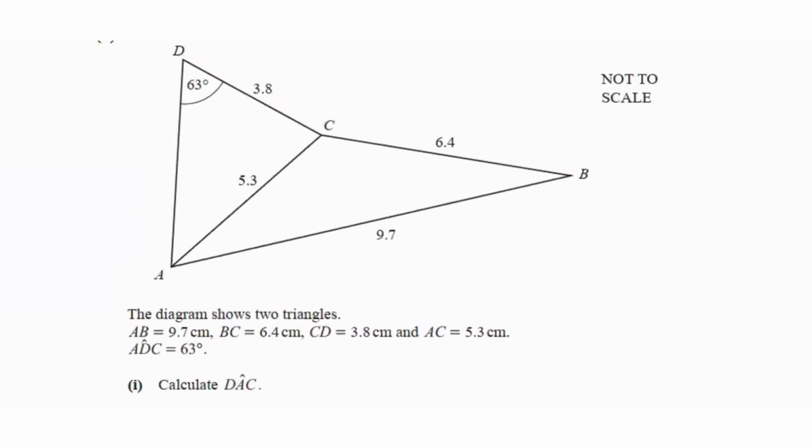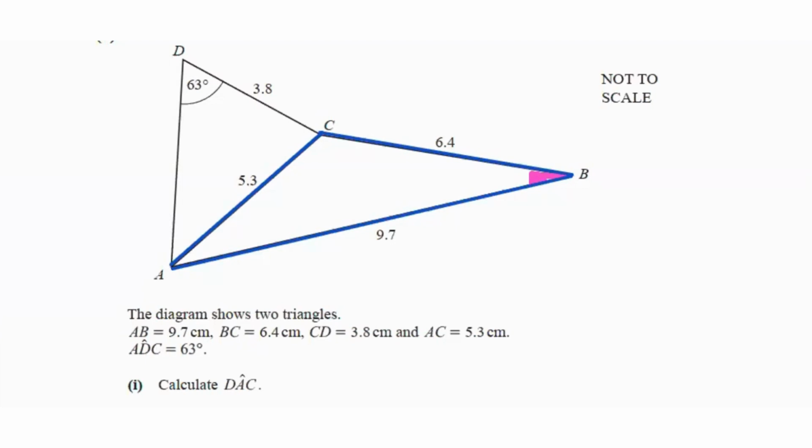Then it says calculate ABC. So if you have to find angle B, which is this one, now we're focusing on the other triangle. I'm going to highlight that over here: AC, BC, and AB.